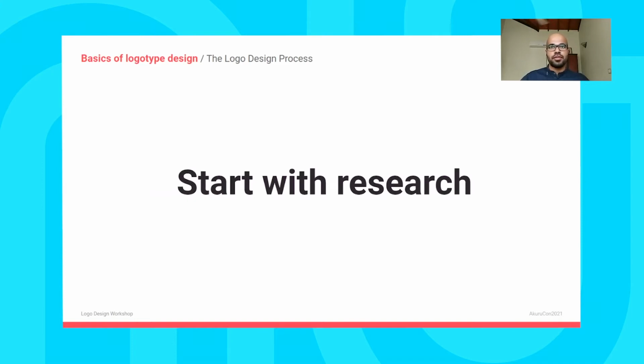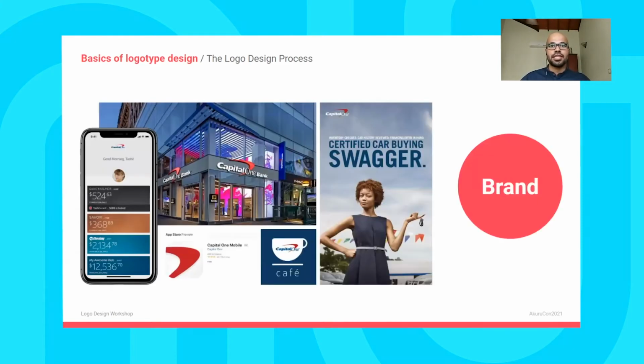The first thing is understanding what the current brand is. When you have the first client meeting, you should talk to the person you're dealing with and gather as much information as possible about the company, their history, what product or service they're offering, and what they're trying to do.